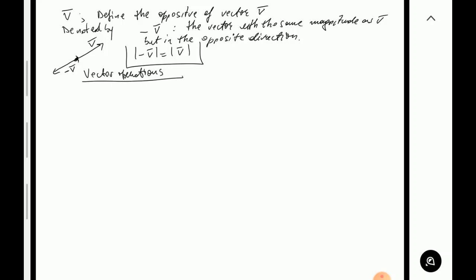Scalar multiplication, the first operation we're going to talk about, has to do with manipulating the magnitude of a vector, with or without changing its direction depending on the case.